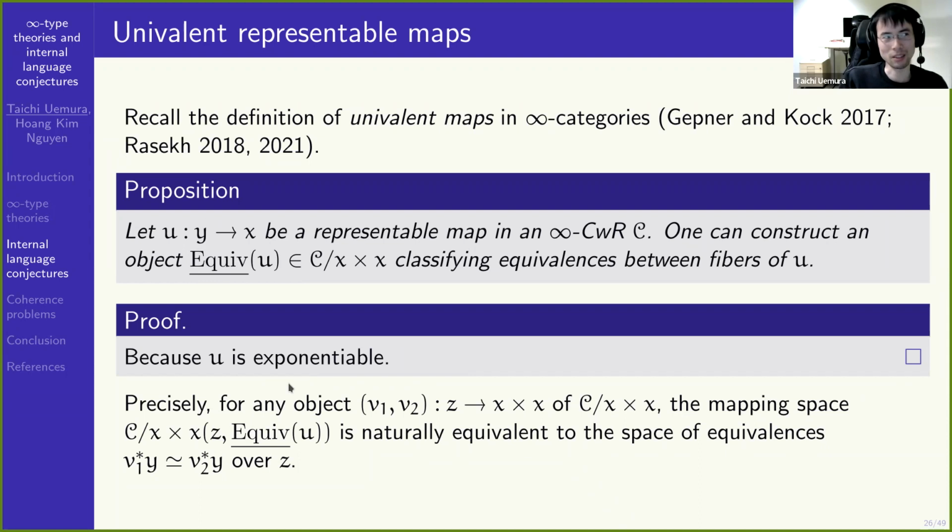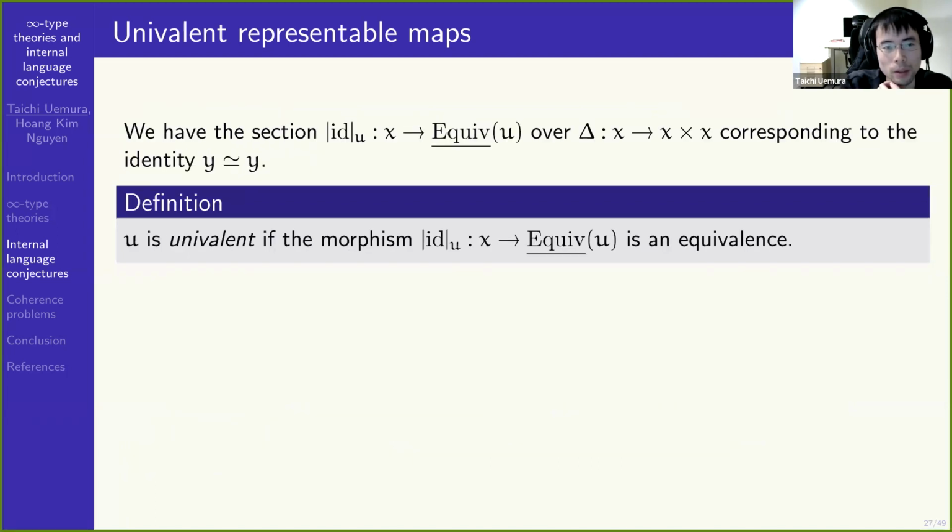So we can construct a kind of function spaces, and then we can form an object of bi-invertible maps that classifies equivalences between fibers of U. Then in particular, we have a section of this Equiv over the diagonal corresponding to the identity. And then representable map U is univalent if this canonical morphism is an equivalence.